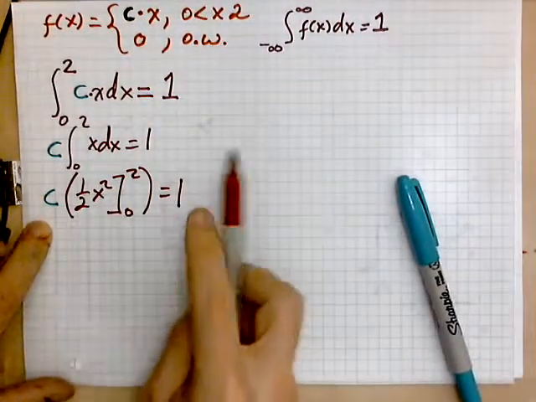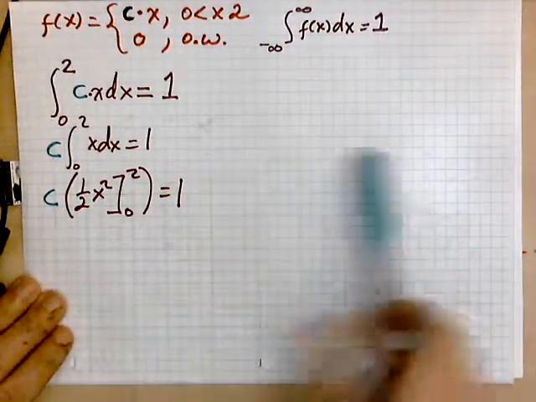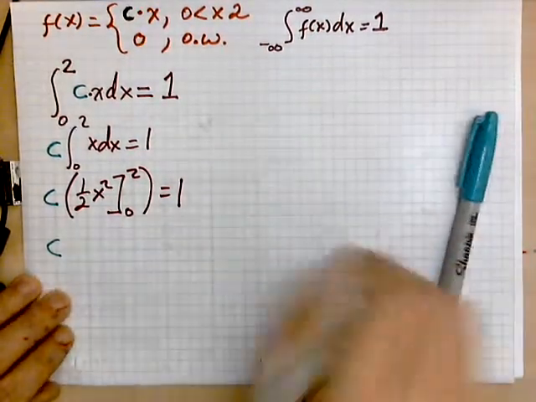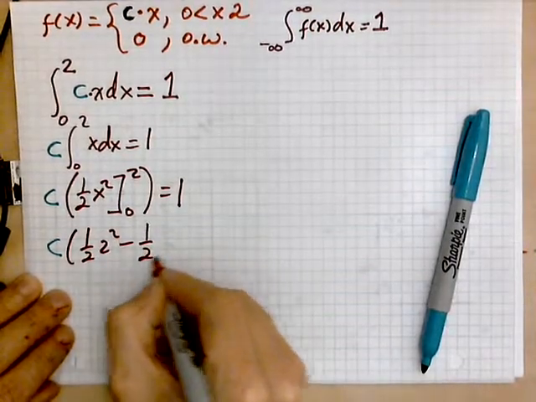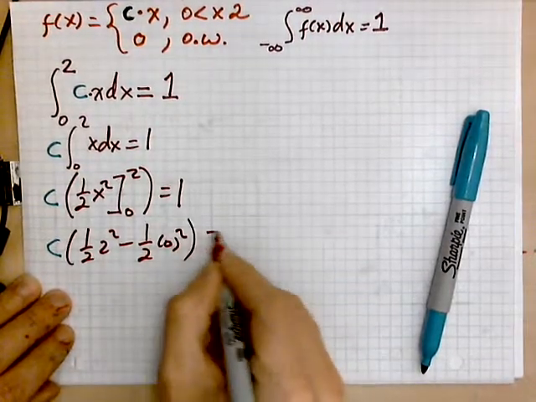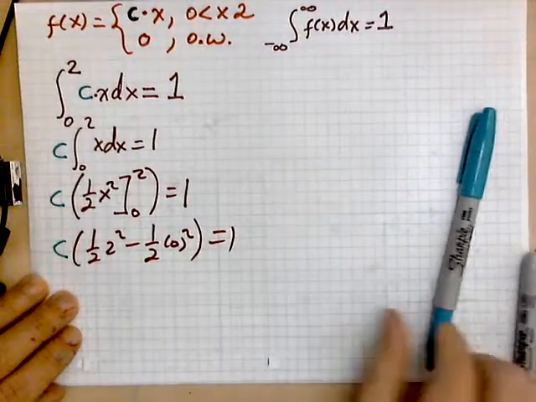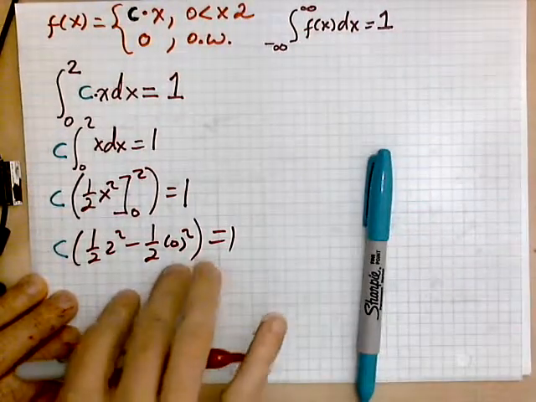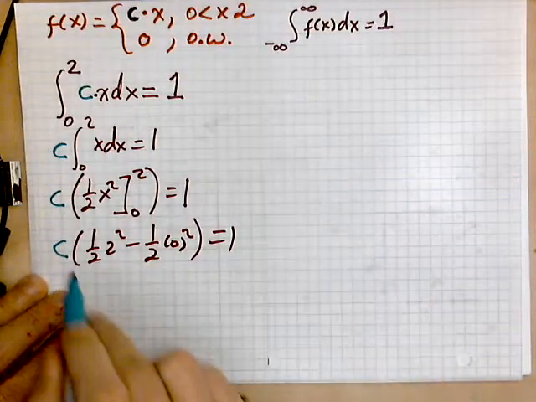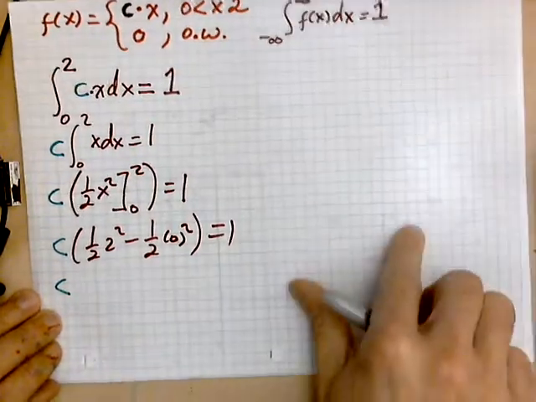Now we replace and evaluate, so we still have the c on the outside. And then we have 1/2 of 2 squared minus 1/2 of 0 squared. All of this equals 1. So let's simplify the quantity between the parentheses. So you're keeping your c the entire process.